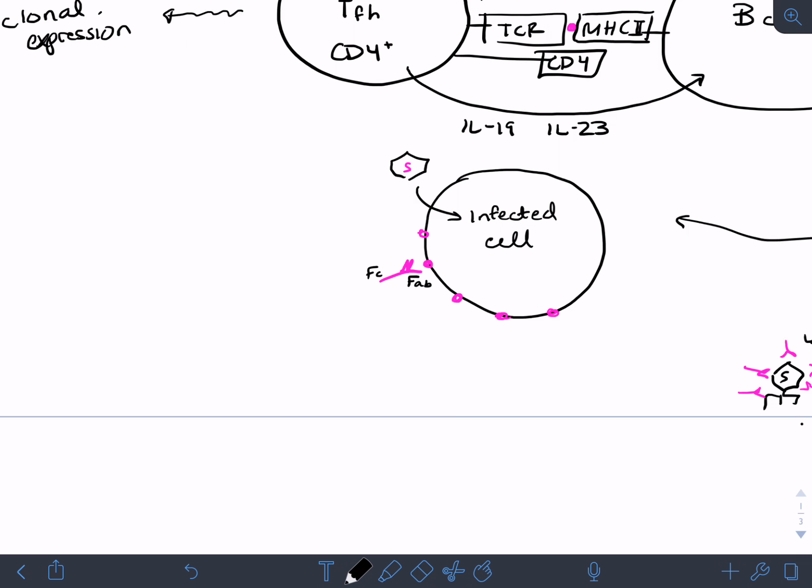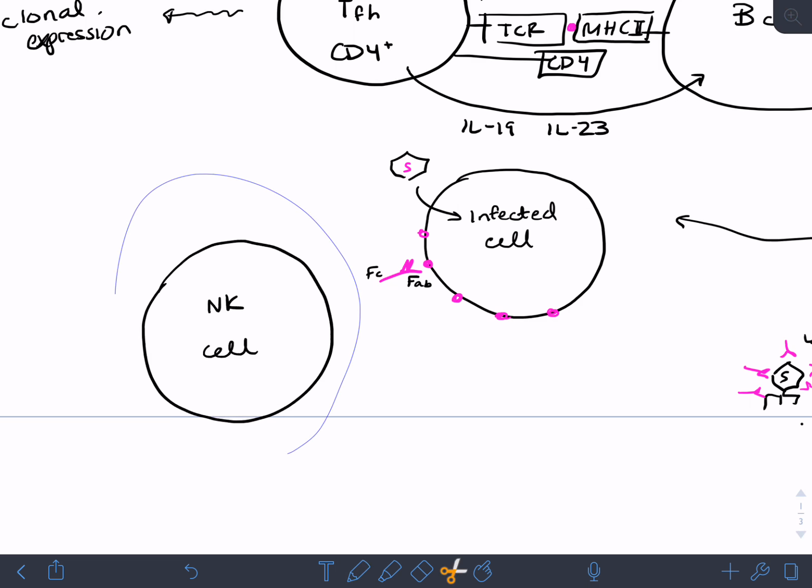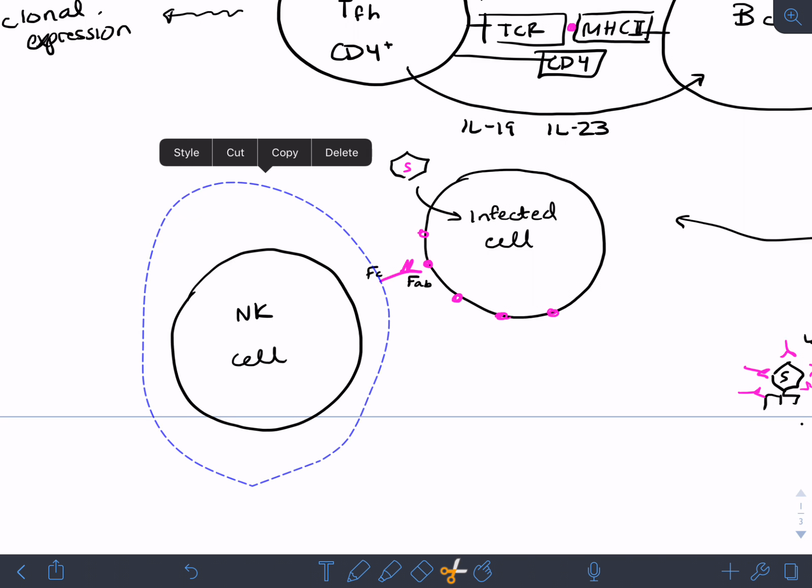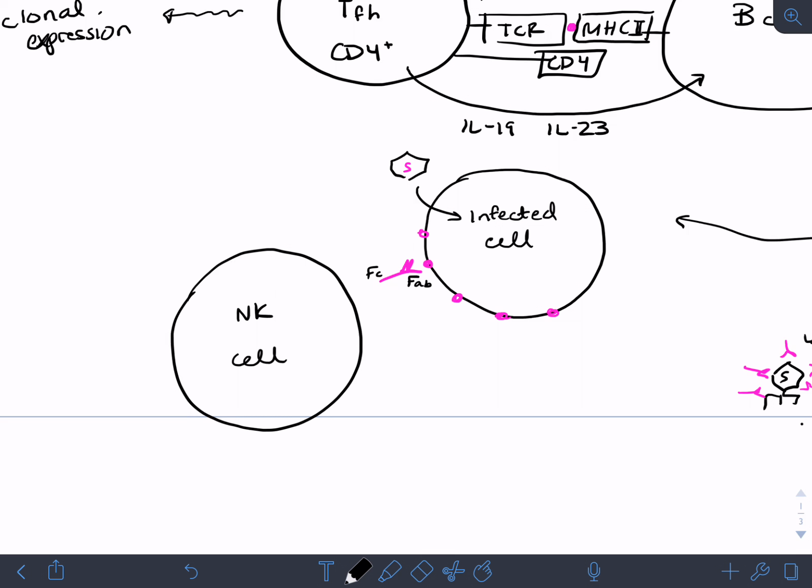So this antigen-antibody complex is recognized by a cell that we talked about in the very beginning, the NK cell. And this is the last method of killing, okay? Your NK cell has a receptor for the FC portion of the antibody. That receptor is called the FC gamma receptor 3.